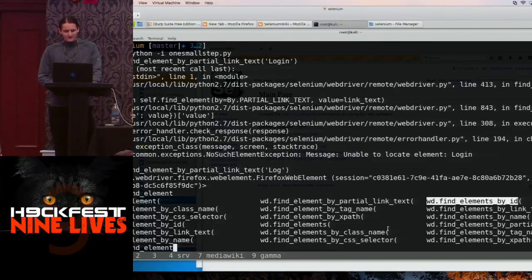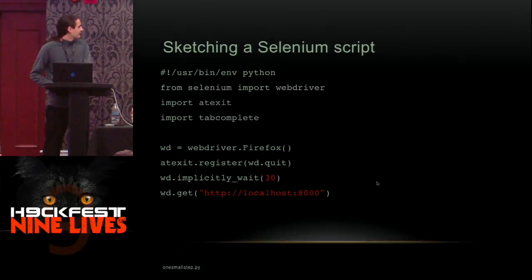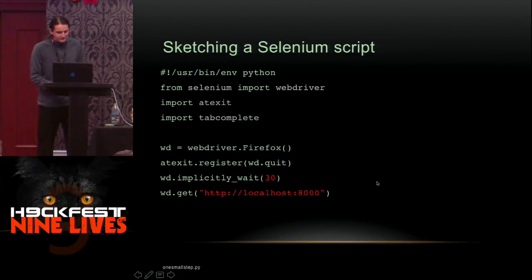And by the way, if there are multiple elements with a given characteristic that you've found, know that find element will go to the first one it finds. So if you just want the first one, you can always use find element. It just might not be the one you expect. Okay, so that is the basic skeleton of a Selenium script.